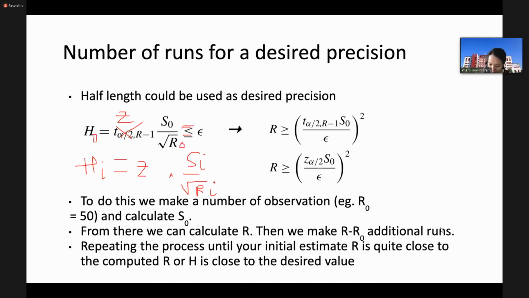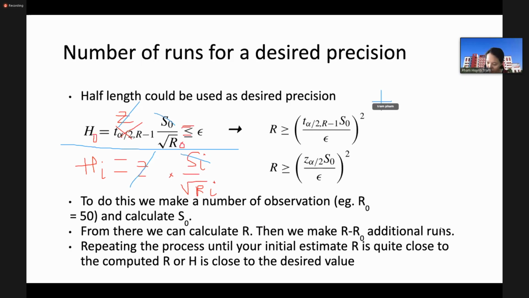So we can simplify. We take the ratio of these two. What we have here, this one we can simplify. We assume that this doesn't change much. So what do we have at the end?